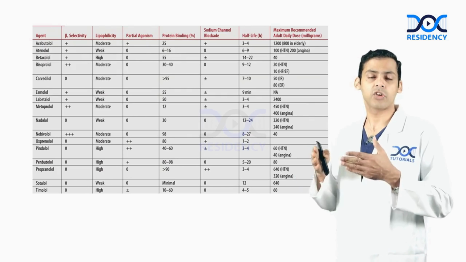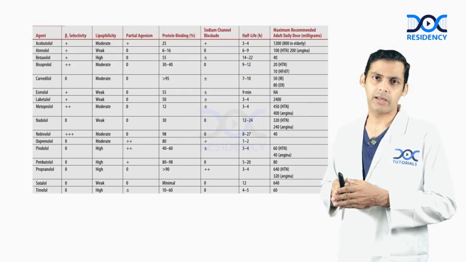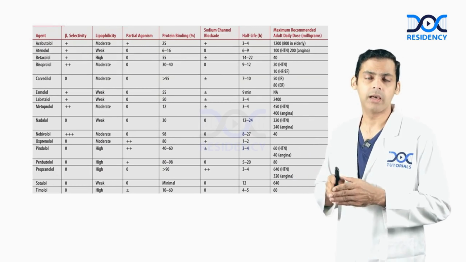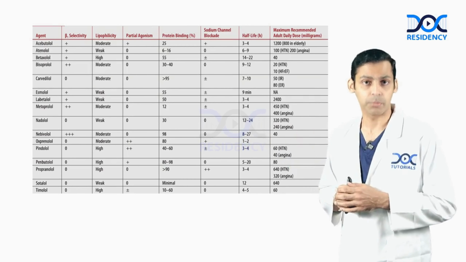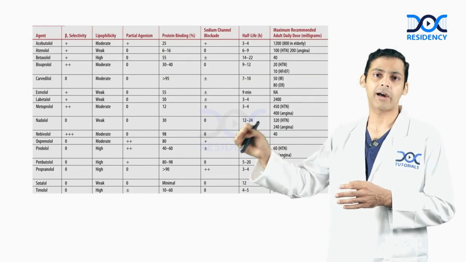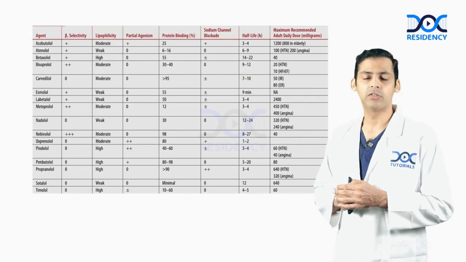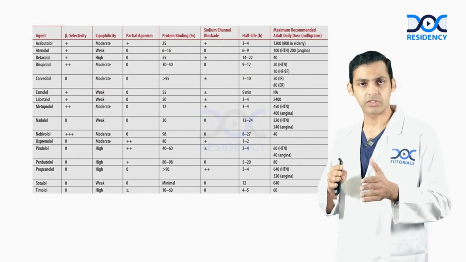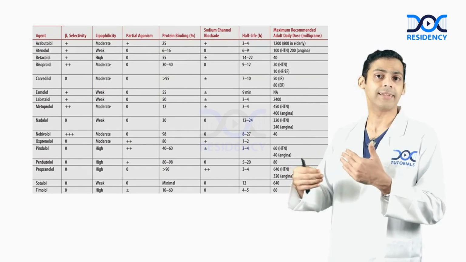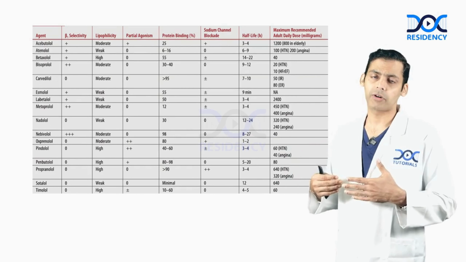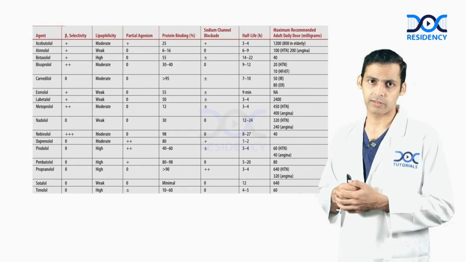Just like that, sotalol is another beta blocker which has additional potassium channel blocking activity, which can result in QT prolongation and thus ventricular arrhythmias, especially Torsades de pointes. So these two beta blockers can result in tachyarrhythmias. Then one other property we need to know about is the lipid solubility of these drugs.